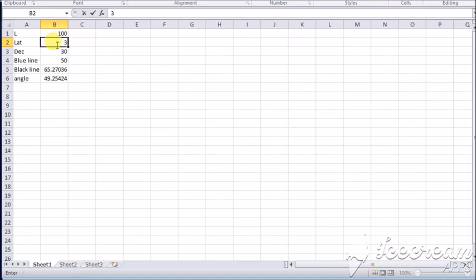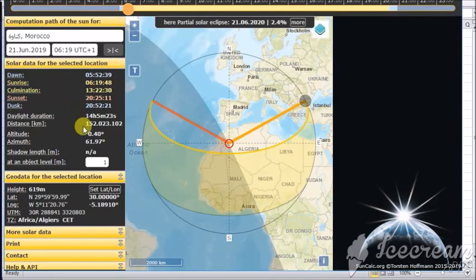The latitude is 30, the declination is 23.44. Now you see the star rise angle, or the sun in this case, is 62.6, and here it is almost 62. So there's like 0.7 or 0.8 degrees of a difference, but I'll explain later why this error is here.